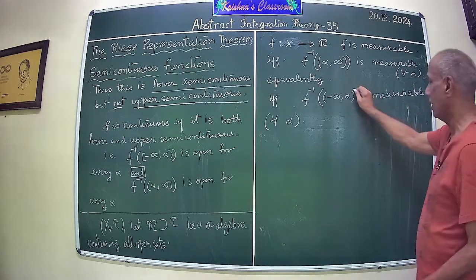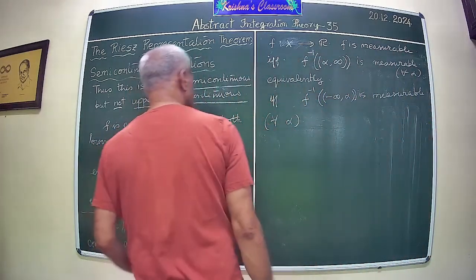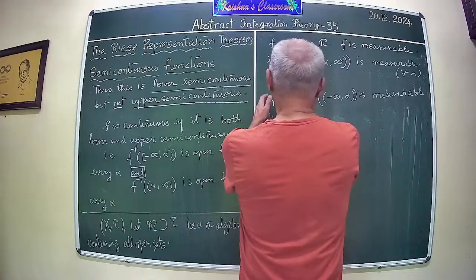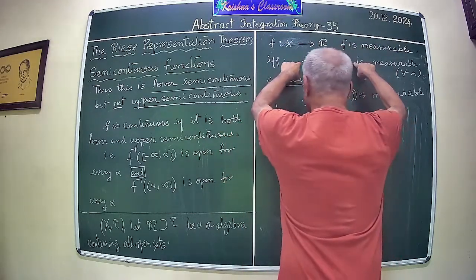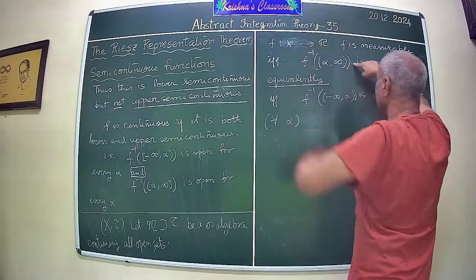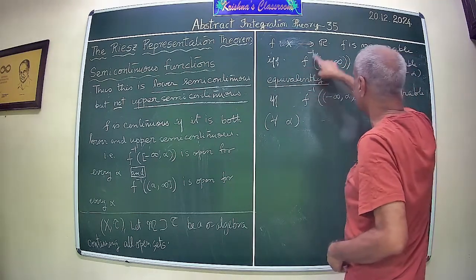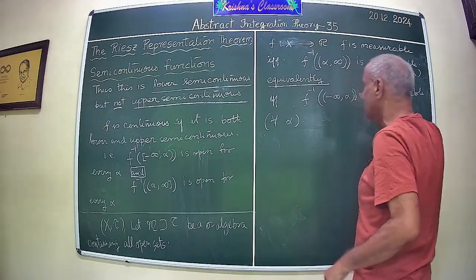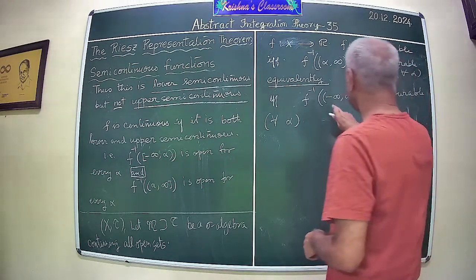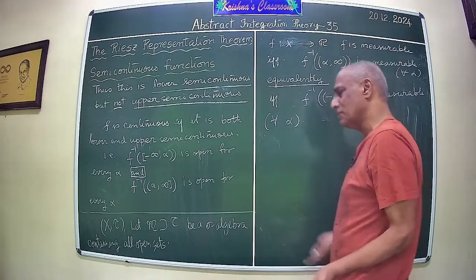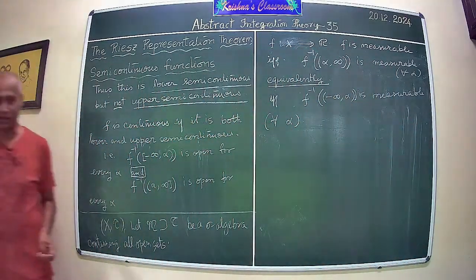Okay, compare this with the semicontinuity criteria. So here, you see, these two statements are equivalent. That if F inverse of alpha infinity is measurable, then F inverse of minus infinity alpha is also measurable. Okay.